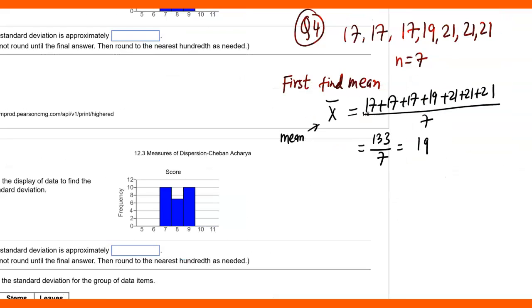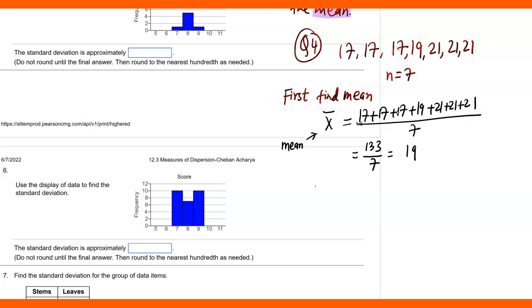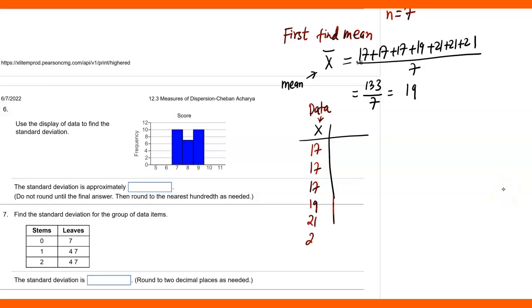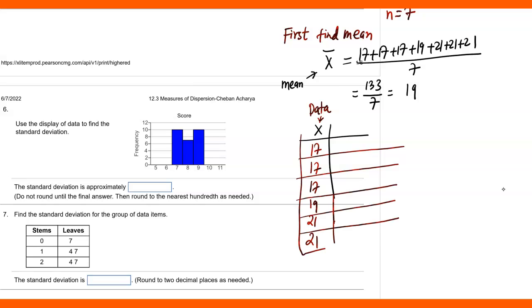I'm going to put the data vertically like this, with x as the data. 17, 17, 17, 19, 21, 21, 21. These are the data.